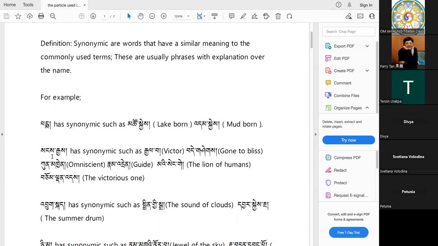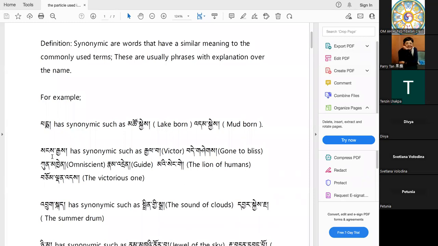The one who has gone to bliss, who has liberated from suffering and gone to bliss. Kunke means omniscient, someone who knows everything in all times, be it past, present, or future. All-knowing or omniscient. And then Namdren means guide.